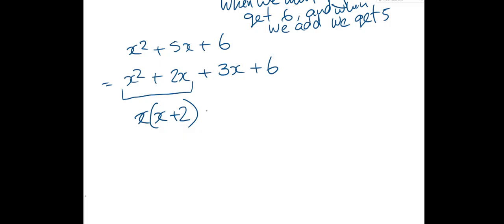Okay, and now I'm going to add the plus there. Now I'm going to factorize the second two. Well, there's no common x there, but there is a common 3. And 3 times what is 3x? 3 times what is 6?